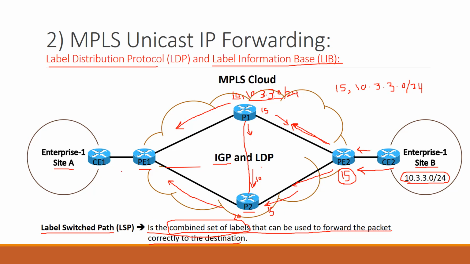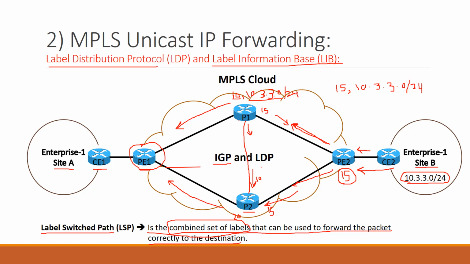It means, from the first provider edge, if, for example, site A or CE1 is sending a packet to 10.3.3.0, what is the combined set of labels that will be inserted into the IP packet through the whole path to the destination?